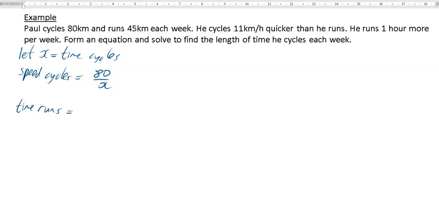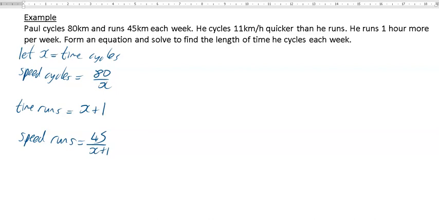So if he cycles for x, he runs for 1 hour more, so x plus 1. He runs 45 kilometers each week, so his speed that he runs is equal to the distance that he runs, which is 45, divided by the time that he runs, which is x plus 1.